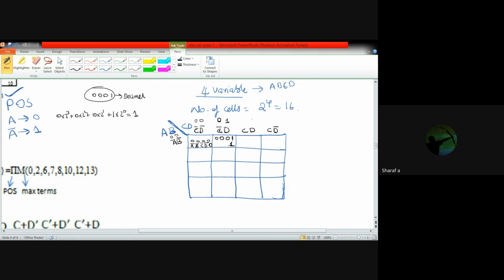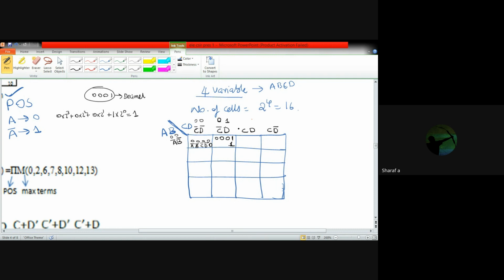Then when you consider C bar D, in the next cell C bar D is changed into CD. D remains as such, C bar becomes C. So only one variable is changed. But if you put C D bar here, then D will be changing to D bar and C bar is changing to C. That is not possible.